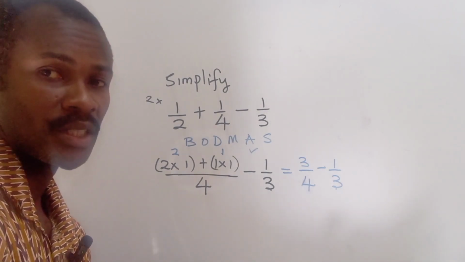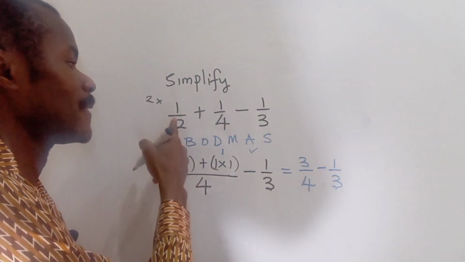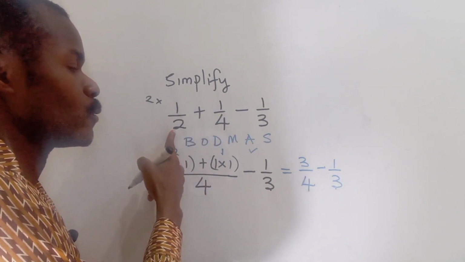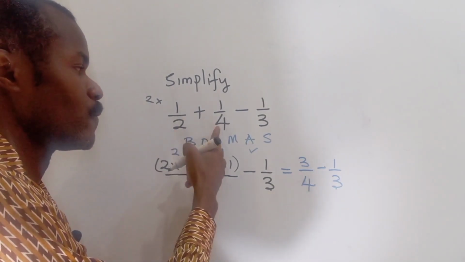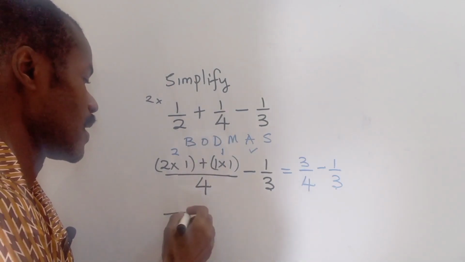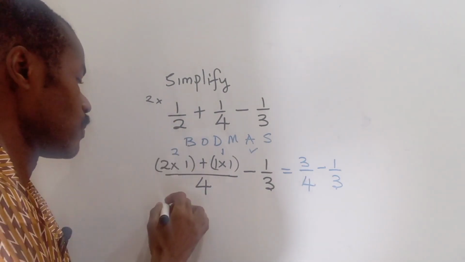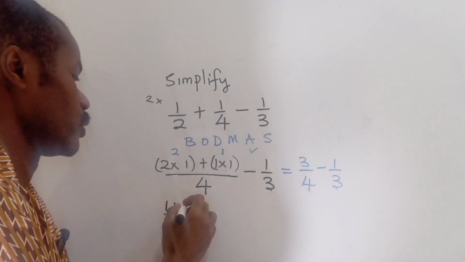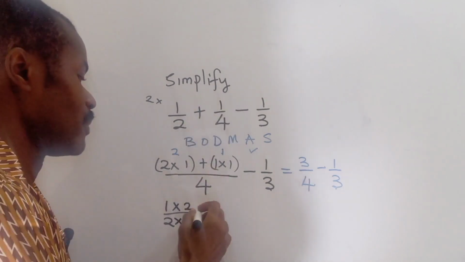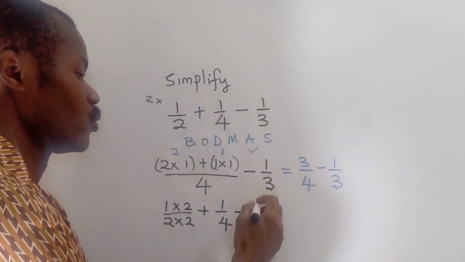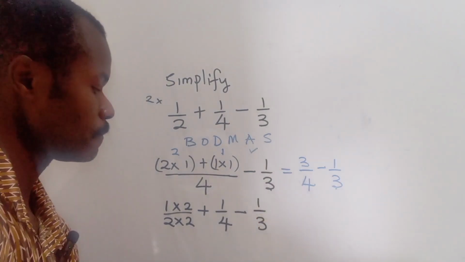For the equal denominator method, I want to see that these denominators are the same. So what will I multiply 2 by to get to 4? It is 2 times. So I have 2 to multiply to this 2, and I'm also going to multiply the 1 here by the 2. So we have plus 1 over 4 minus 1 over 3.